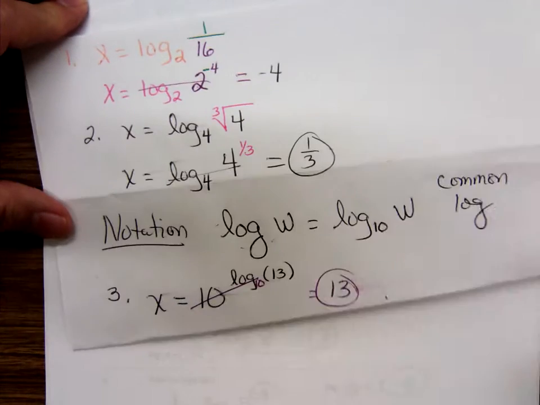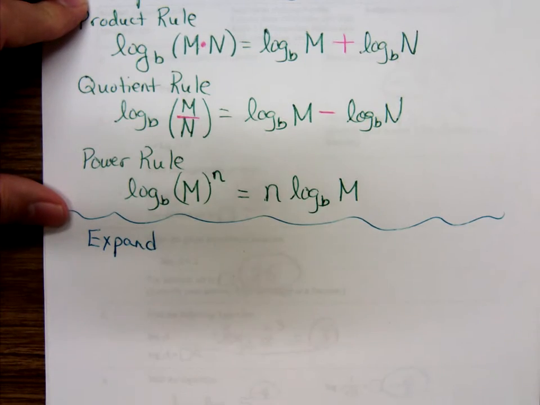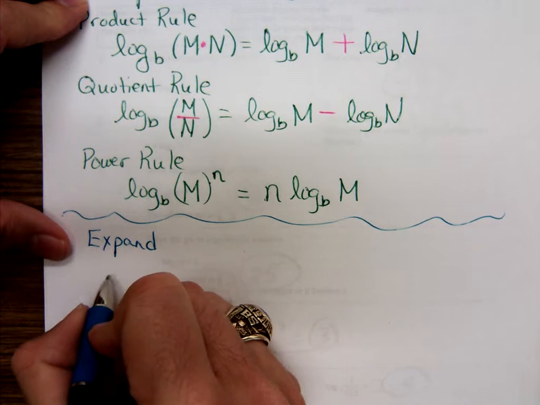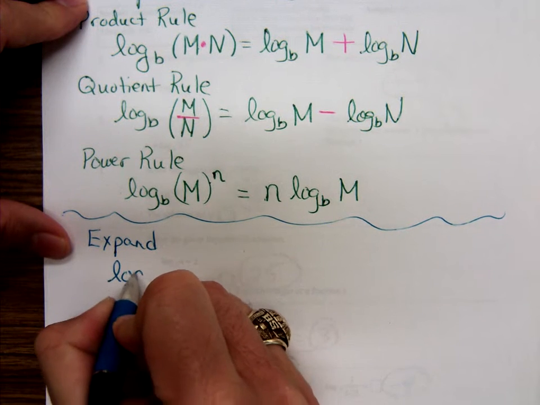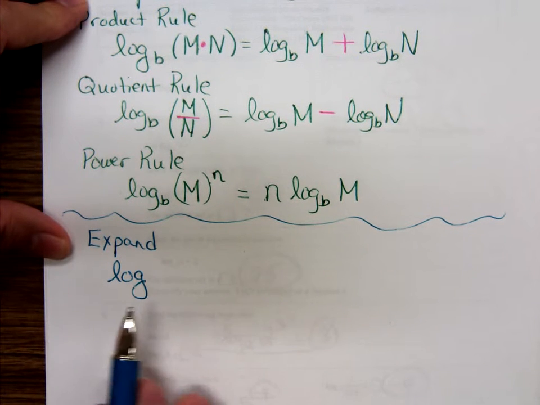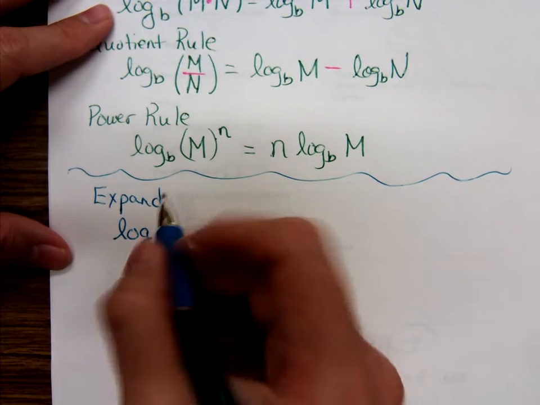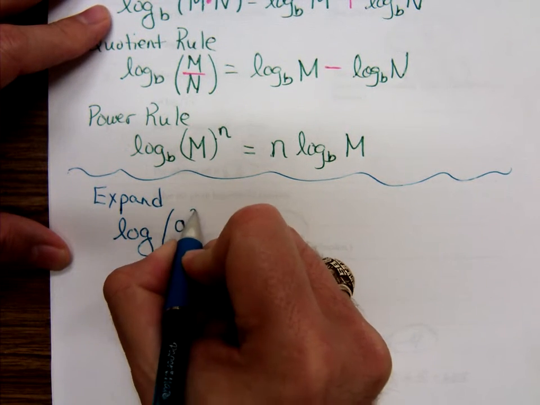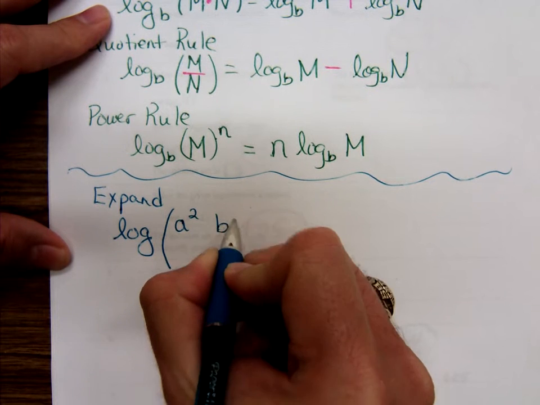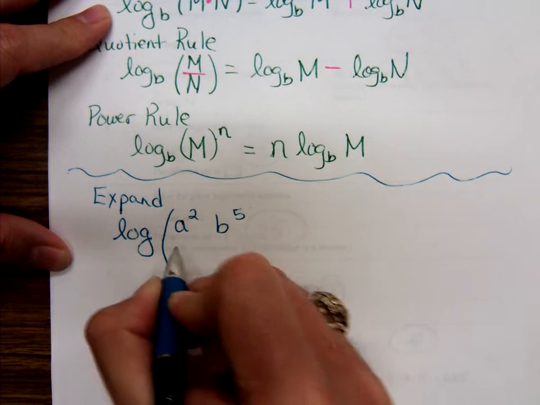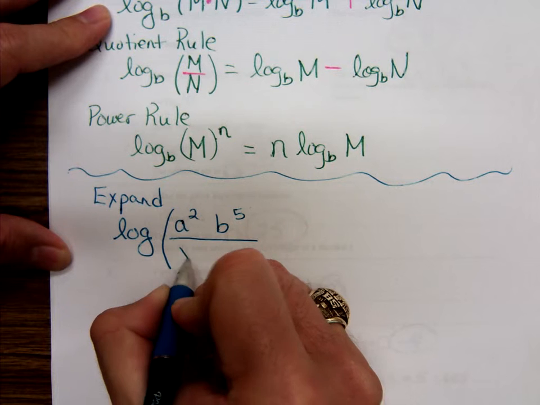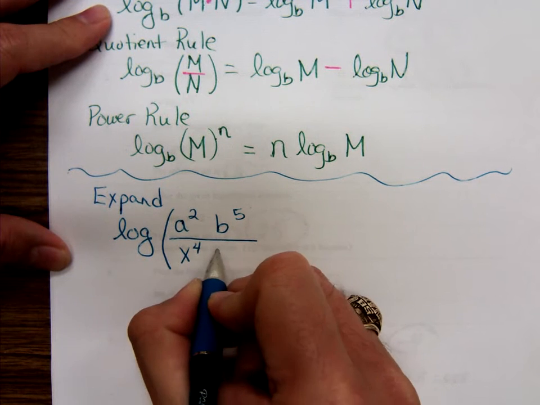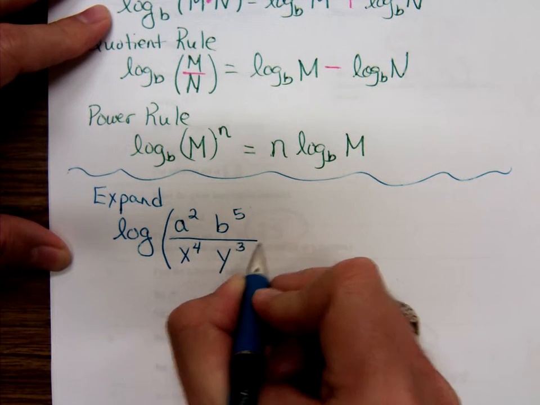Just to make this look a little bit cleaner, the example I'm going to do right now is just going to be log base 10, so we don't have to write out the base over and over. Let's expand this logarithm: a squared b to the 5th over x to the 4th y cubed.